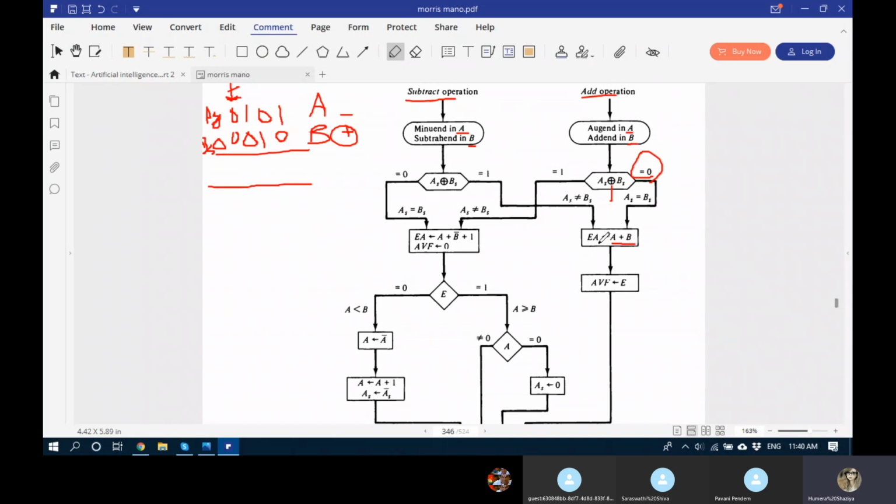The addition result you store in AC, the accumulator, and E, any carry or overflow bit, you store in E. A is accumulator, E is extended bit.